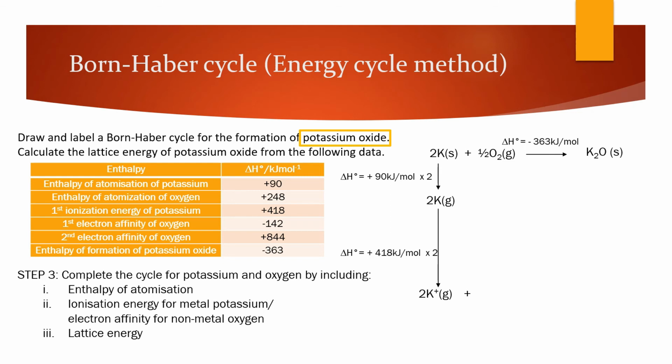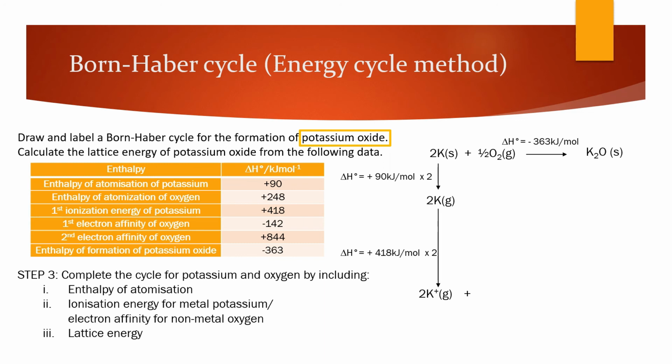However, here we are having 2 moles of potassium gaseous atom. So we need to remove 2 moles of electron to form 2 moles of unipositive charge potassium ion. So because of that, for the first ionization energy of potassium, we also need to multiply by 2.